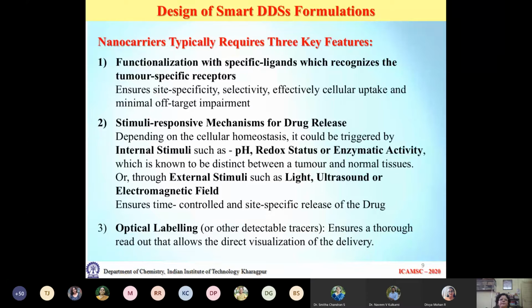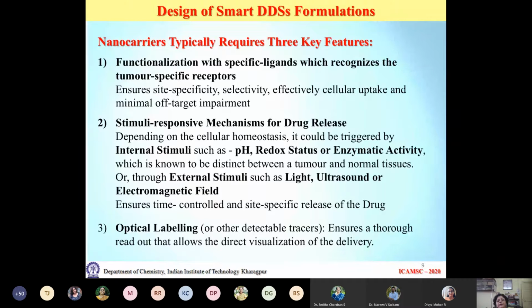And this is going to be some sort of stimulus which we can have depending on the cellular homeostasis. It can be triggered by internal stimuli such as the change in pH, the change in redox status, the change in enzymatic activity, which is going to be different for the normal cell and the cancer cells. You can also have stimuli from outside.